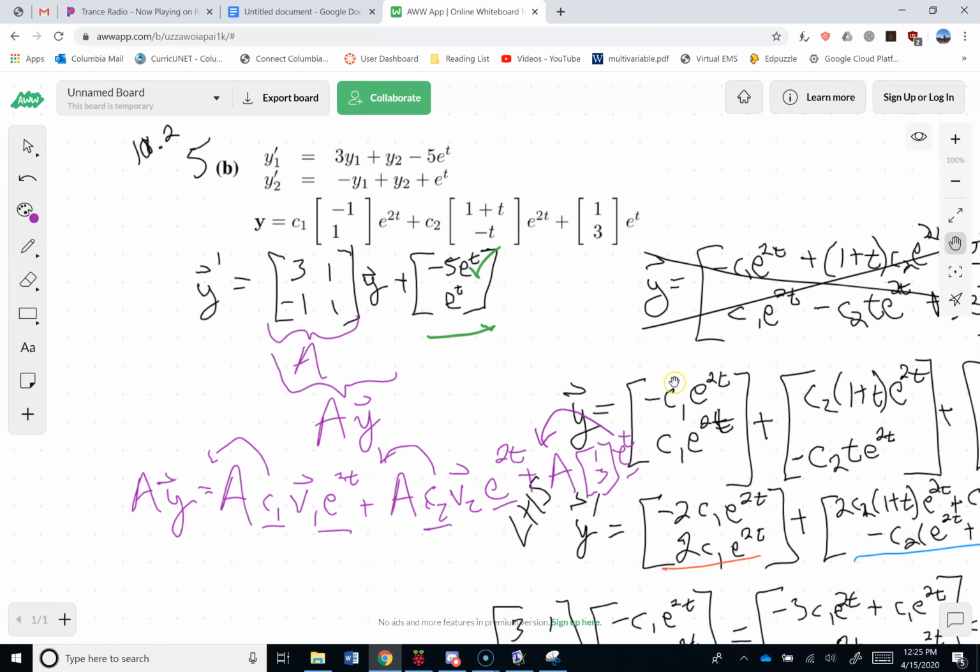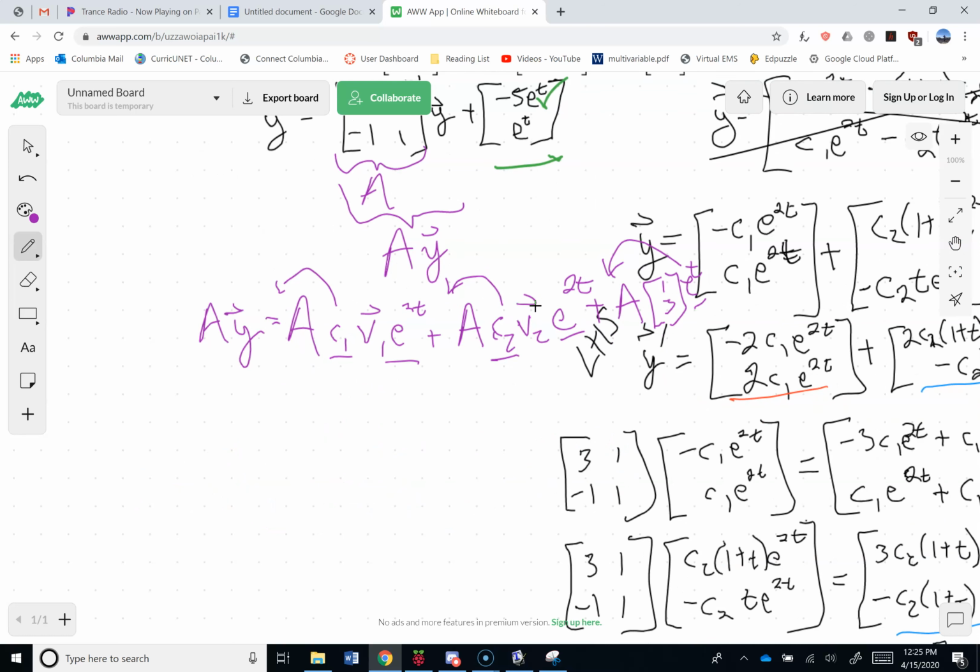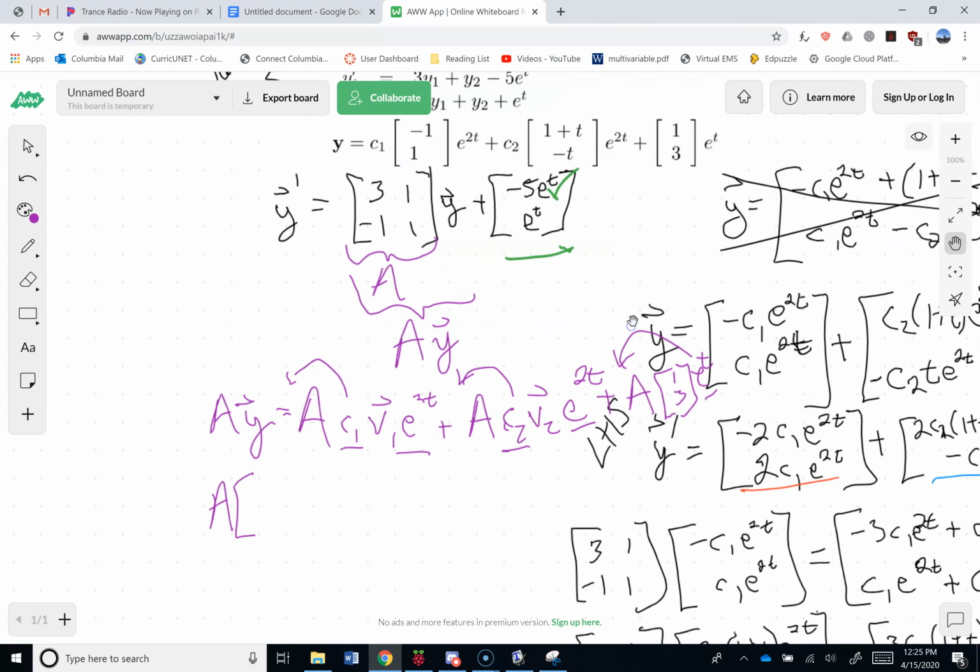And so really, if I want a super shorthand for this whole process, I can pre-calculate A times the vector minus 1, 1, and A times the vector 1 plus t, t, and A times the vector 1, 3. And then I can just multiply those results by the C1 e to the 2t, the C2 e to the 2t, and the e to the t respectively. And that'd save me a lot of notation.